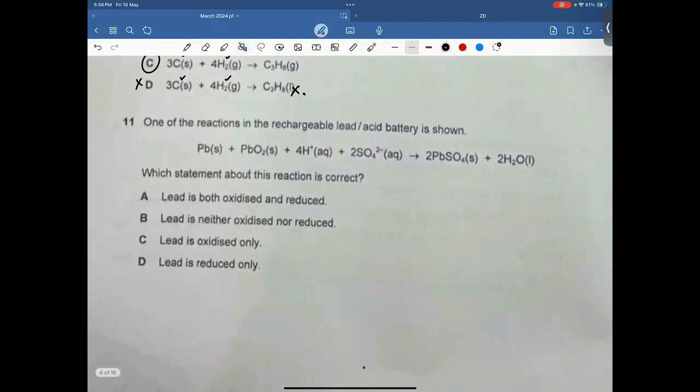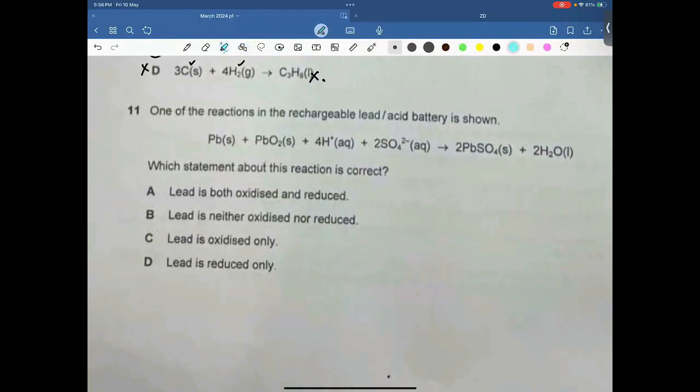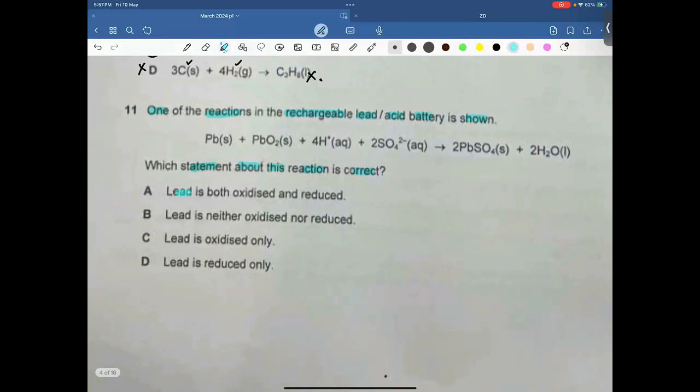Question number 11. One of the reactions in the rechargeable lead acid battery is shown. Which statement about this reaction is correct? Lead is both oxidized and reduced. Guys, the oxidation state of lead here is 0 because it is a neutral element. Over here, the oxidation state of lead is +4.